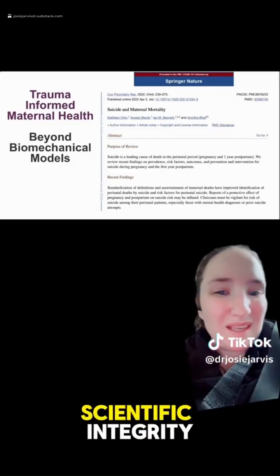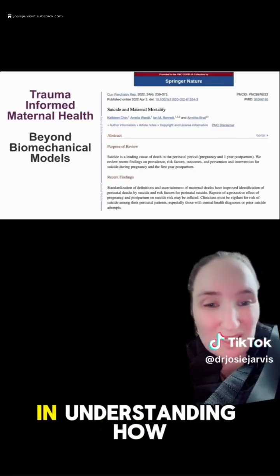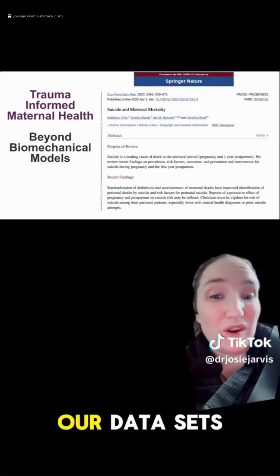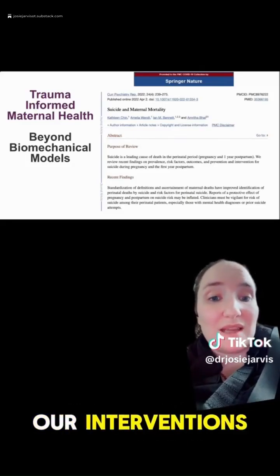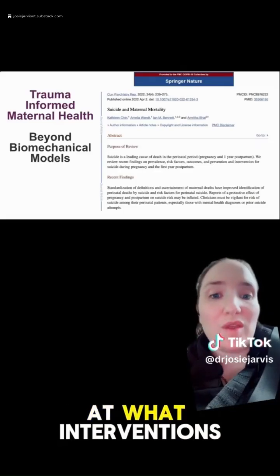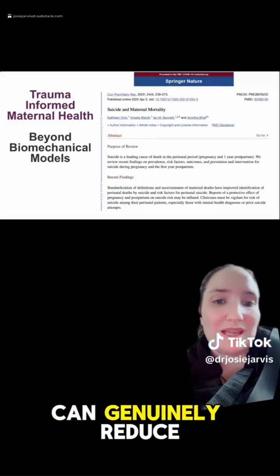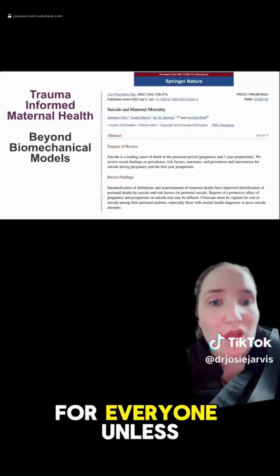To be in scientific integrity, we need to be as objective as possible in understanding how we are getting our data sets and where we're choosing to focus our funding and our interventions, to be intentionally mindful of what interventions can genuinely reduce risks of hospital readmission for everyone.